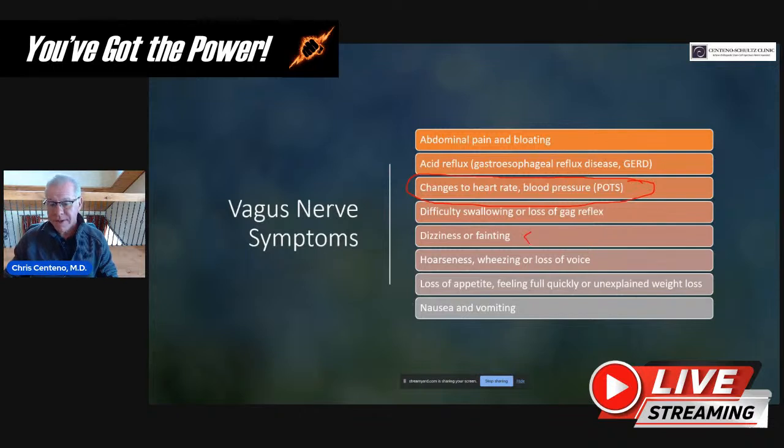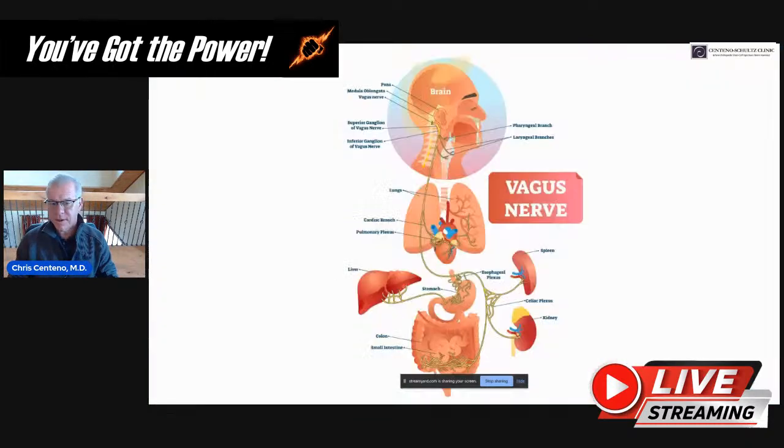Dizziness, a lot of our folks have, but that's usually related to upper cervical problems. We certainly hear a lot of GI issues related to vagus nerve problems and nausea, but again, that can overlap with the upper cervical spine. So those are the biggest things we see when patients walk in with vagus nerve issues.